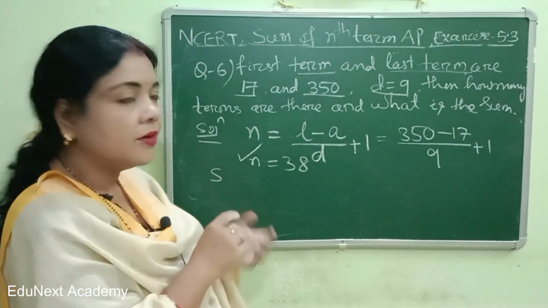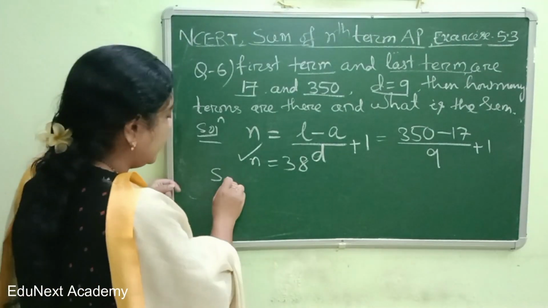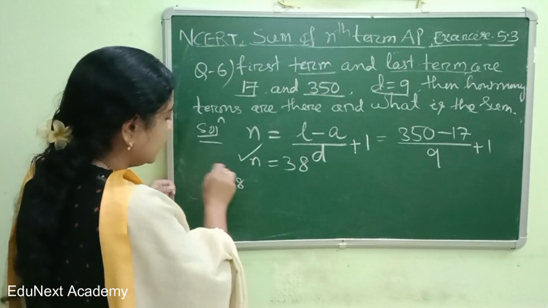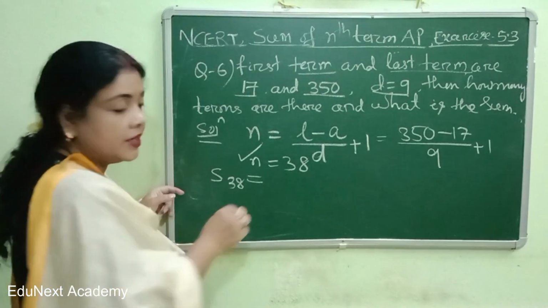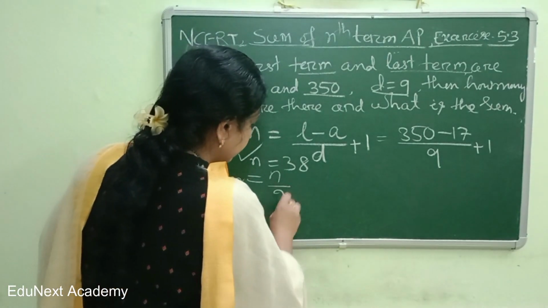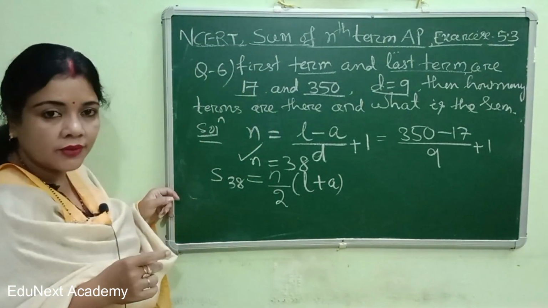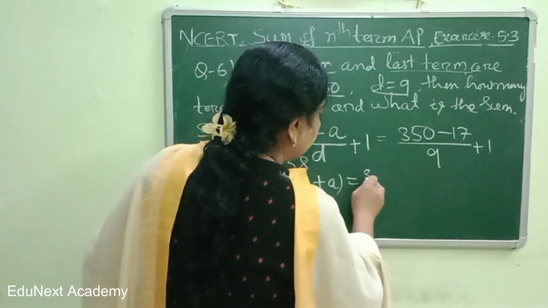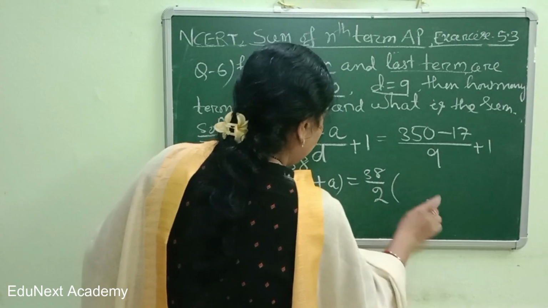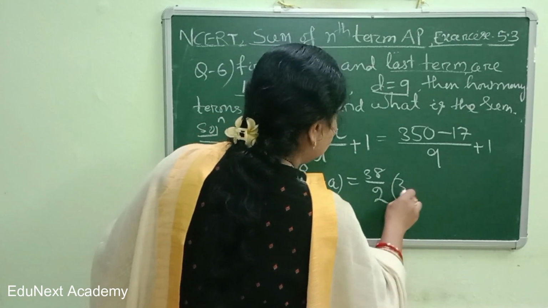Then you have to find out what the sum is. That is, n is 38. Very simple. The formula is n by 2 times (A plus L). That is 38 by 2, times A which is 17, plus L which is 350.